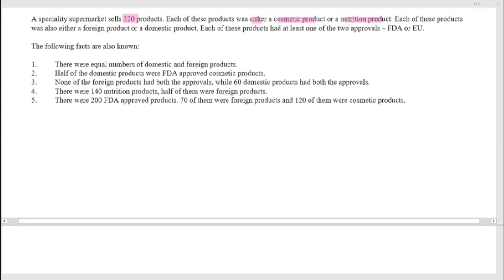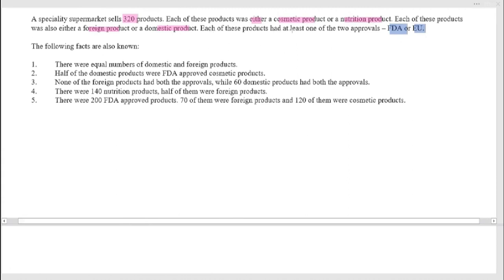So if I take one of these Venn as cosmetic, then outside of this cosmetic, it would be nutrition. The same thing applies for foreign product or domestic product. But the same thing is not applying in the other one. These FDA or EU, we have given this one in a different color to look into that statement.